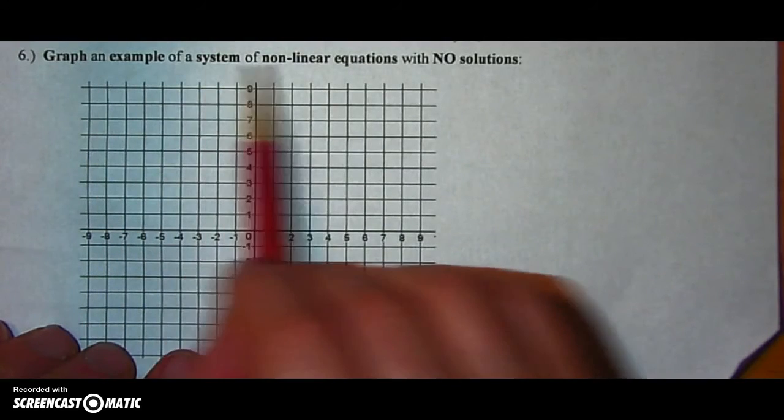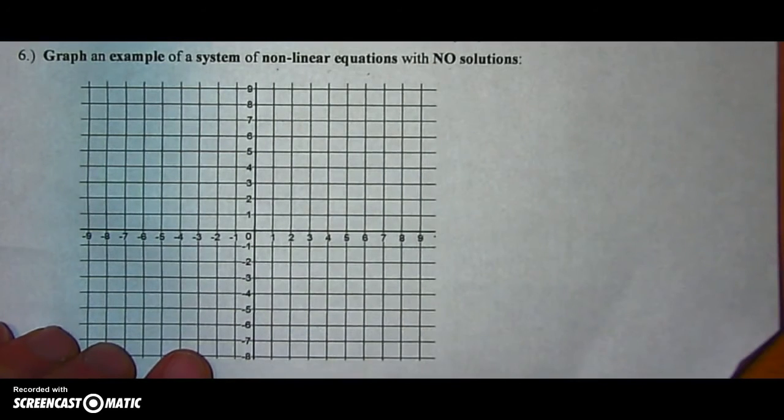Final problem for this review pack. Graph an example of a system of nonlinear equations with no solutions. No solutions means we're going to have no points of intersection. And since we have nonlinear equations, at least some of the graphs in this system can't be lines.